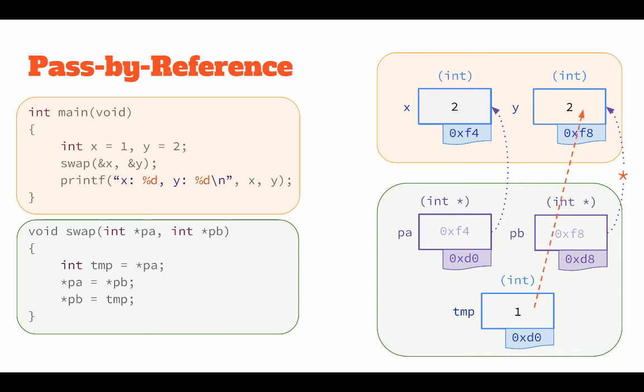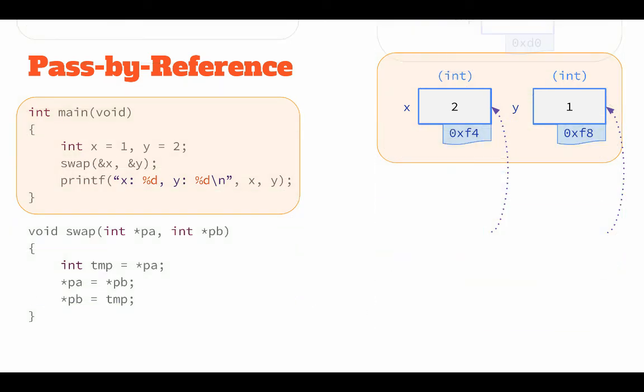So we copy 1 all the way up into y. Okay, and we know what happens when we get to the end of a function. Everything that existed in that function, when we're done with the call, all the memory is cleared up, popped off the stack, and we're done, and it's gone.